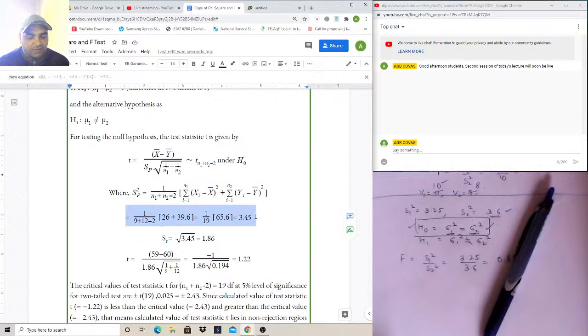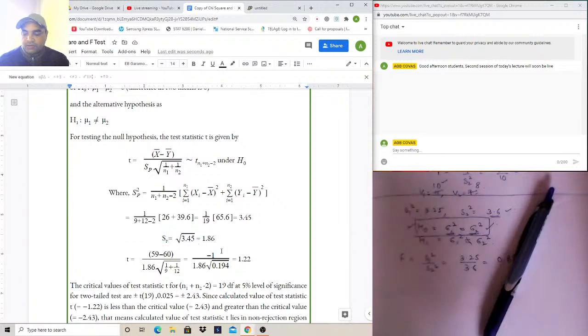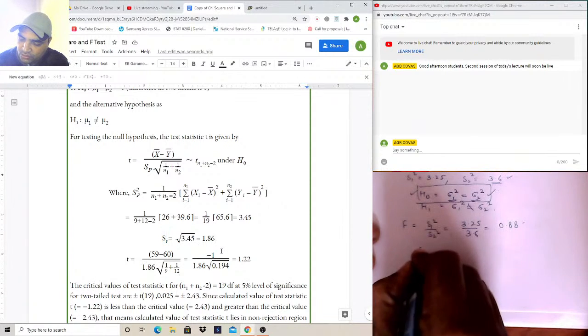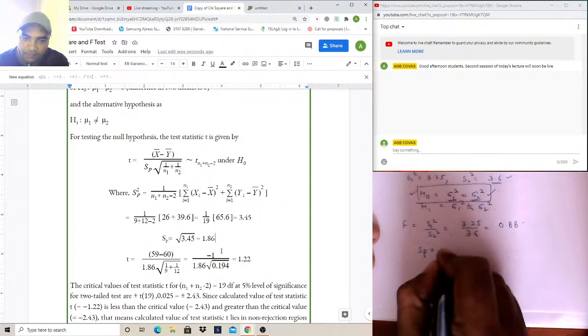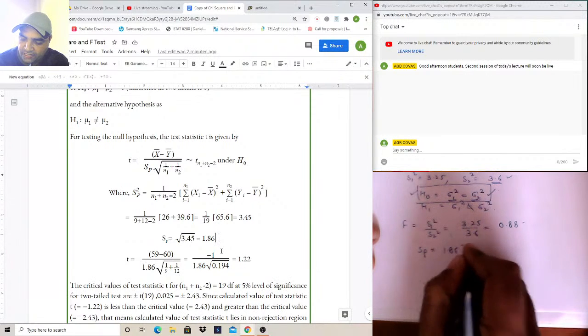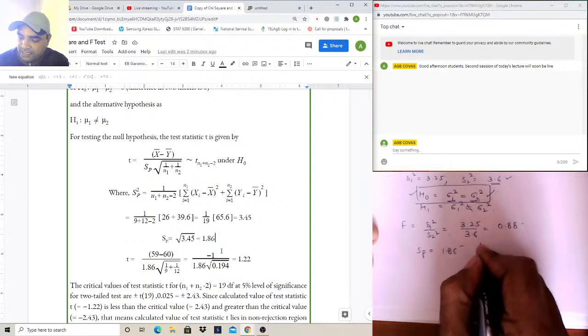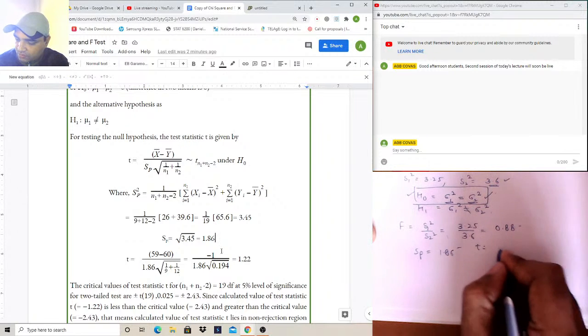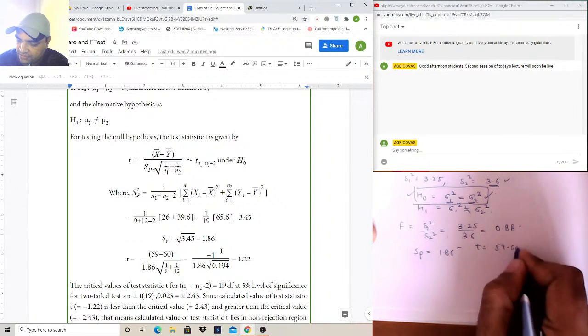Putting all these values, you get 3.45. So the pooled standard deviation is the square root of 3.45, which is 1.86.